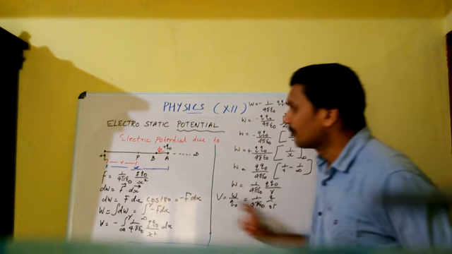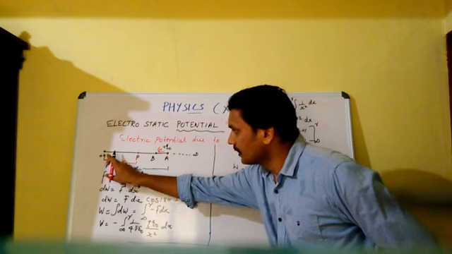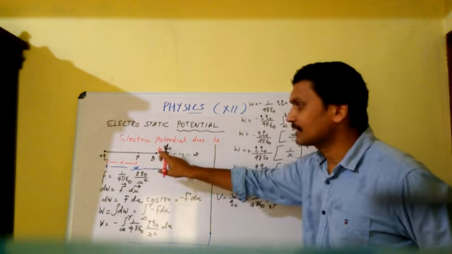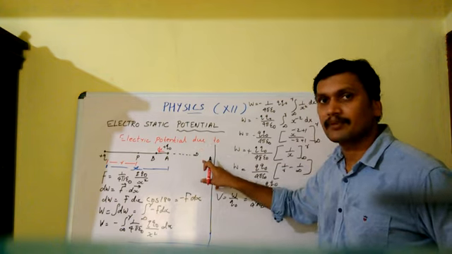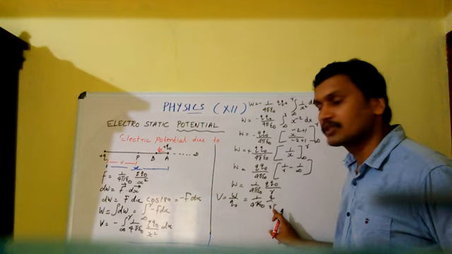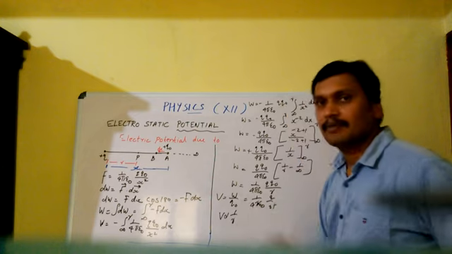It means that the potential very close to the charge is maximum, and as we move away from the charge, the potential decreases, and at infinity the potential becomes 0. V is proportional to 1 by r.